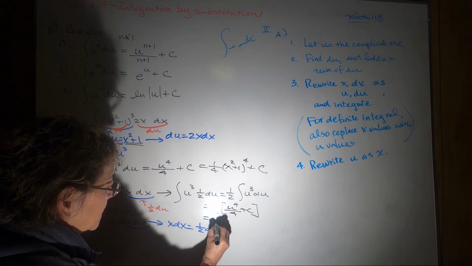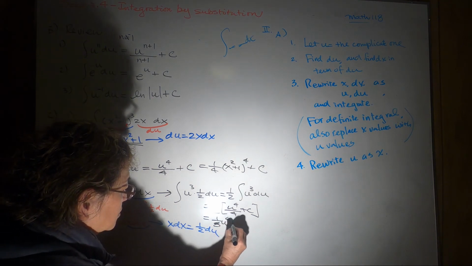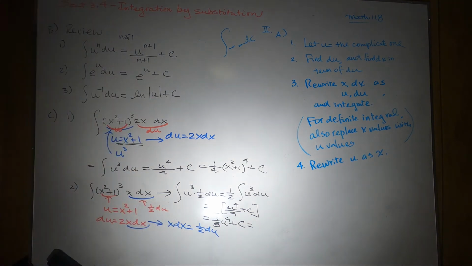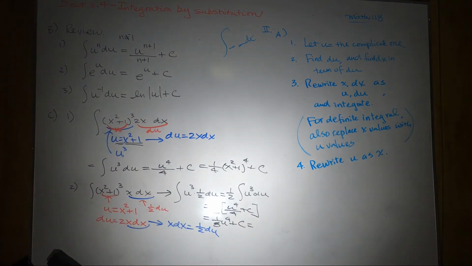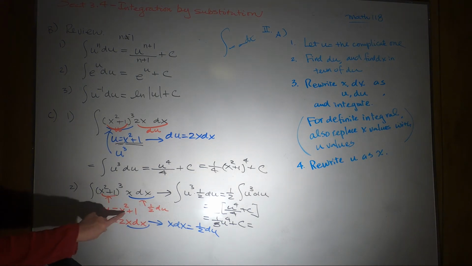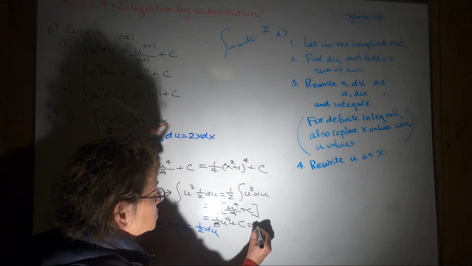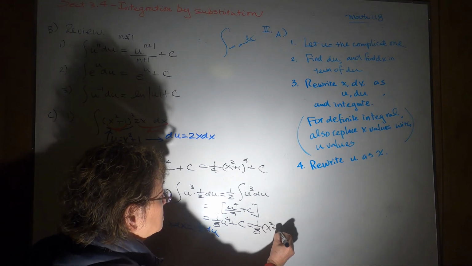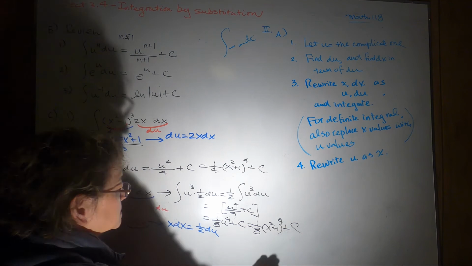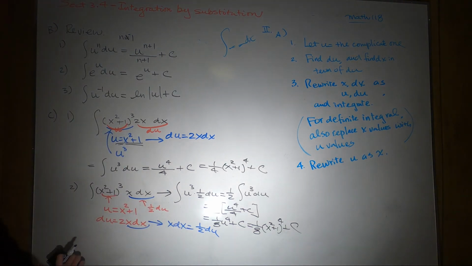Becomes 1/8 of u to the 4th power plus c. You have to put it back in terms of x. Then u is what? x squared plus 1. So you have 1/8 of (x squared plus 1) to the 4th power plus some arbitrary c.